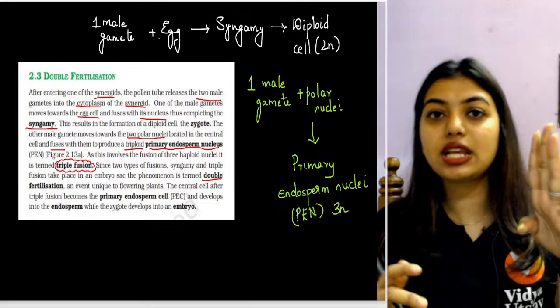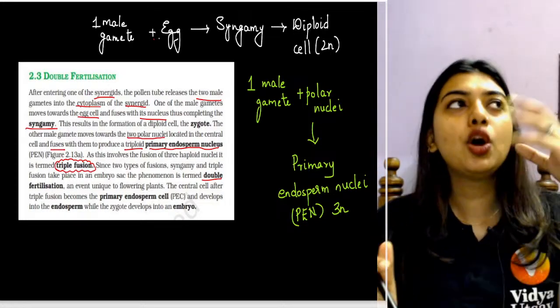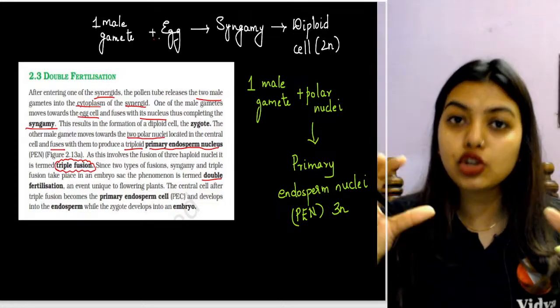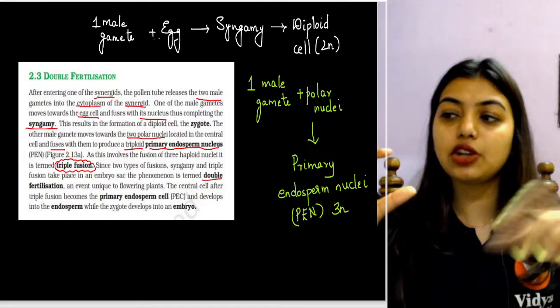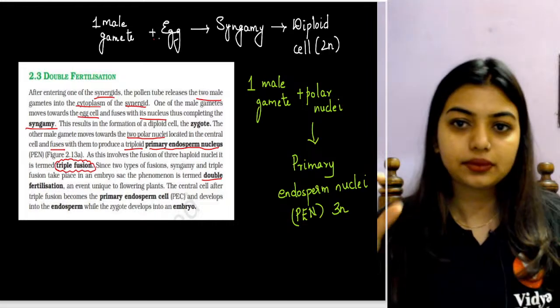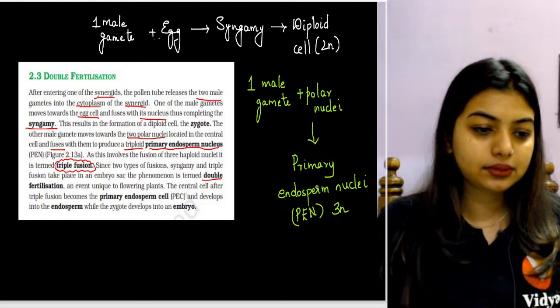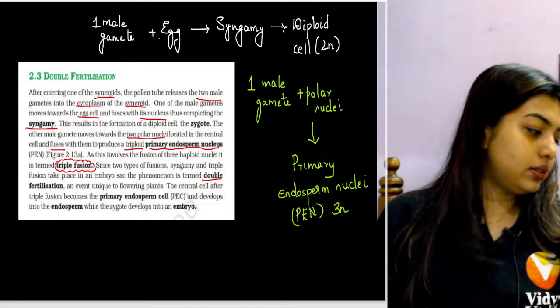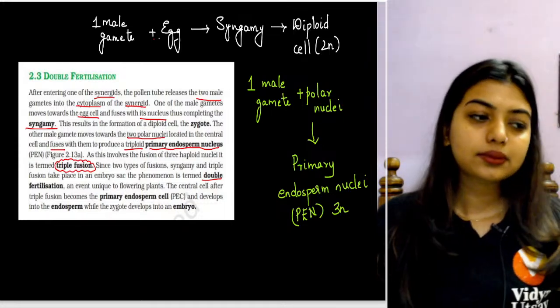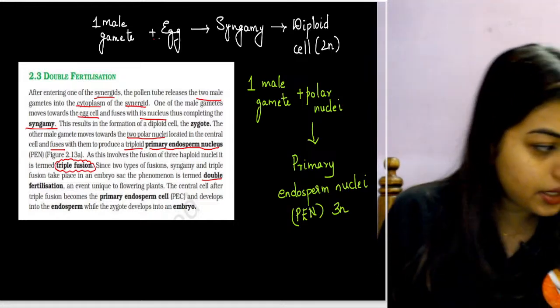One diploid cell has been formed, one triploid cell has been formed, one zygote has been formed, one endosperm has been formed, and this endosperm is going to give all the nourishment for the growing zygote. Yes or no, clear, all of you?